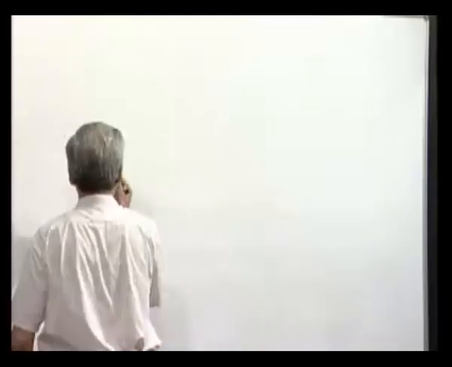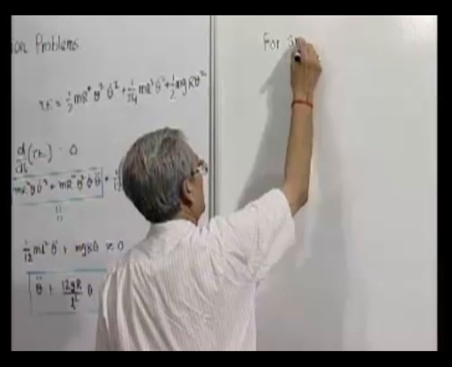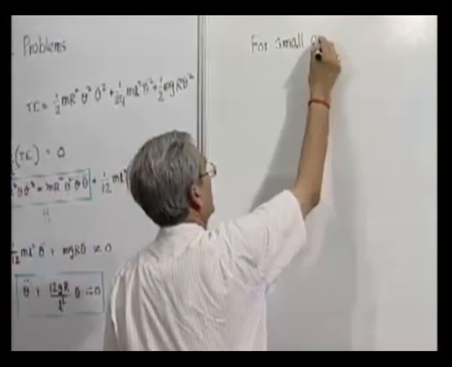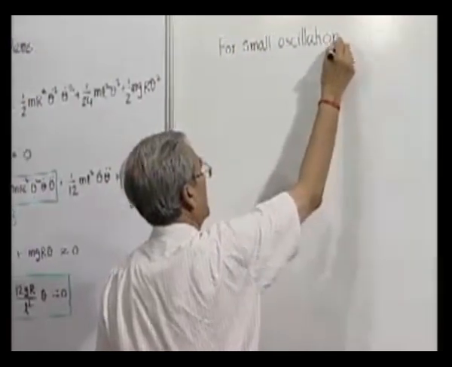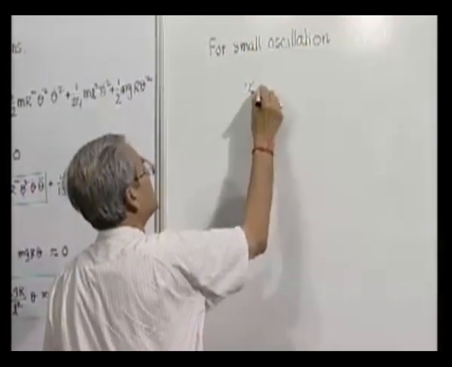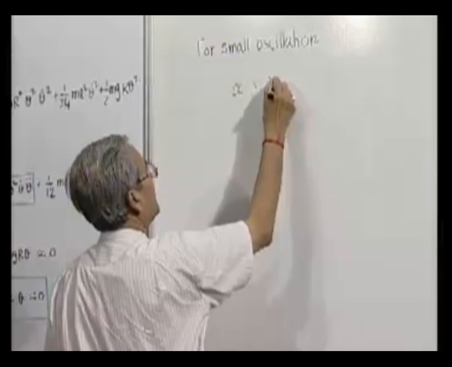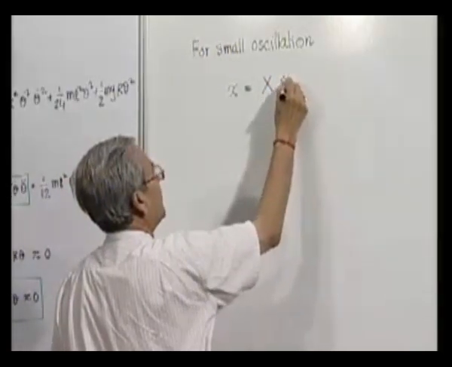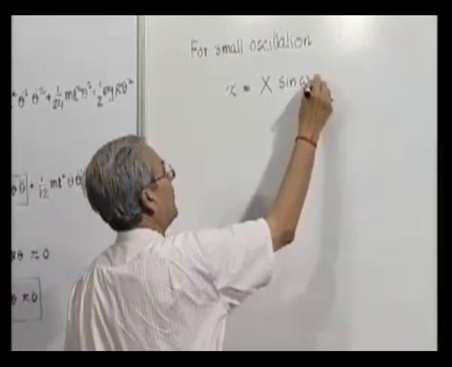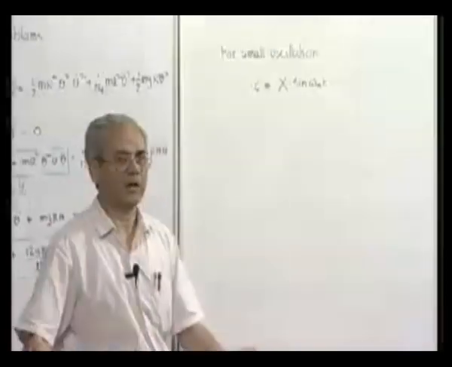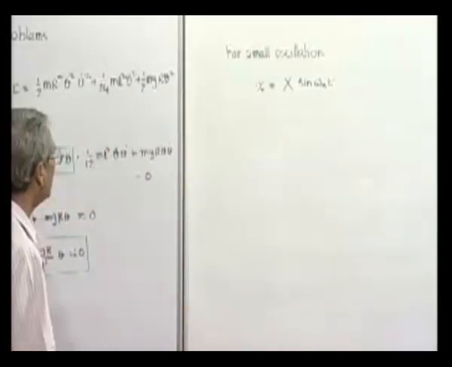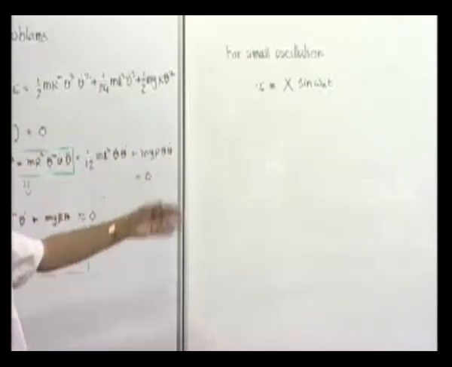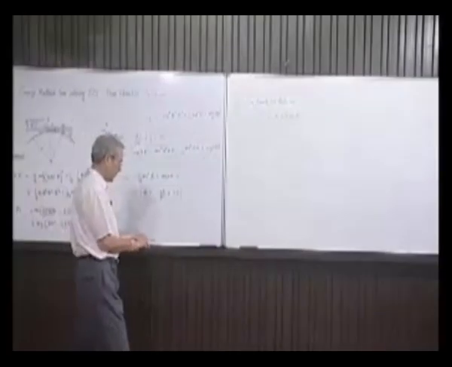So, for small oscillations, always remember, any oscillation can be written as, whether it is angular or linear, if x is the parameter, the displacement coordinate, then x as a function of time can always be written like this. We have seen that.